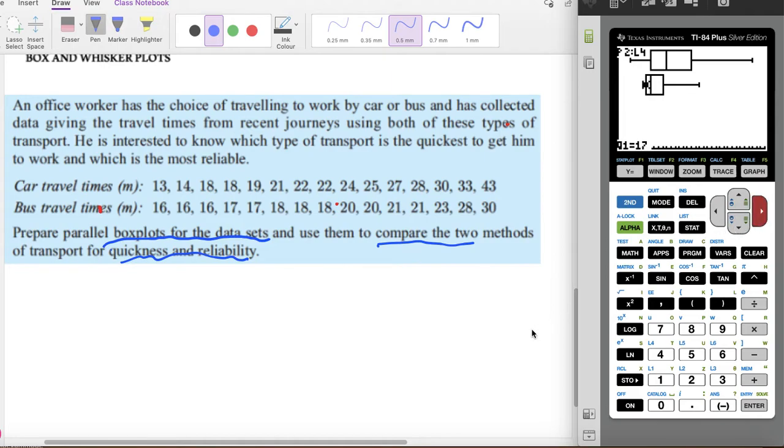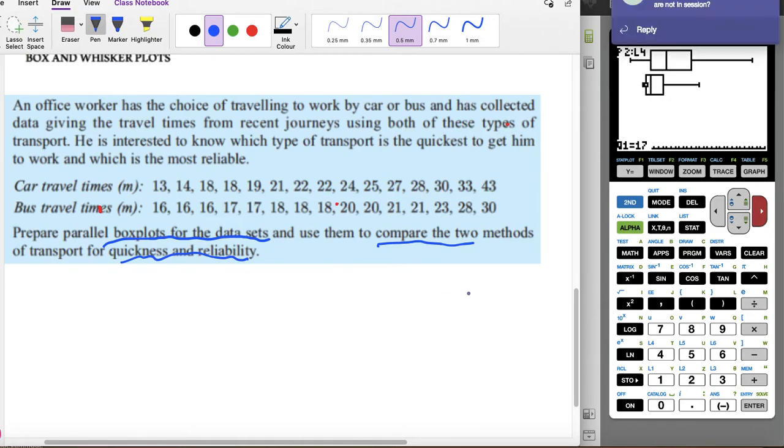So let's actually answer the question here. It says, compare the two methods for quickness and reliability. So what we can do is say that you're always using it for the spread. If you look at this one, it is more spread out, right? So this is my car. If you look at my bus, this box is smaller or more compact than that box is.